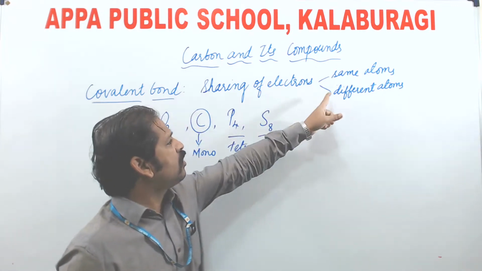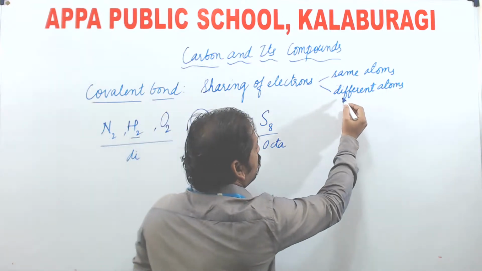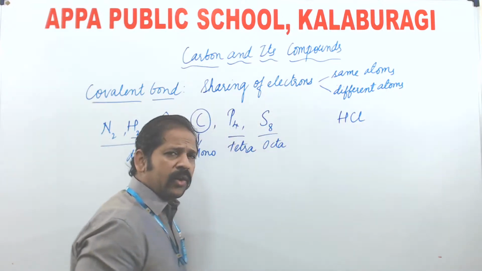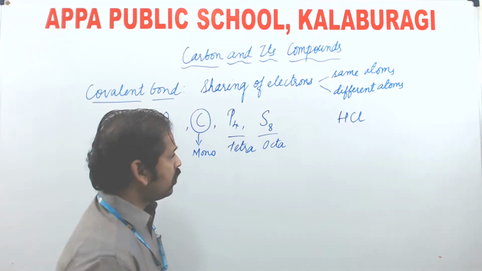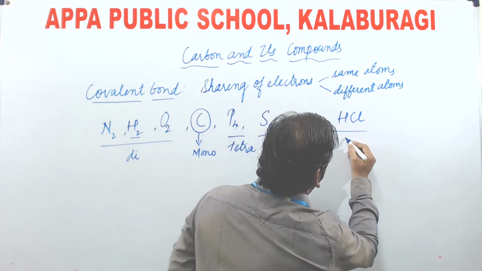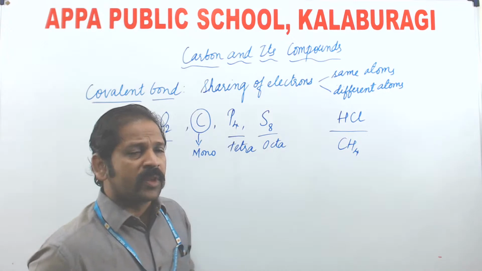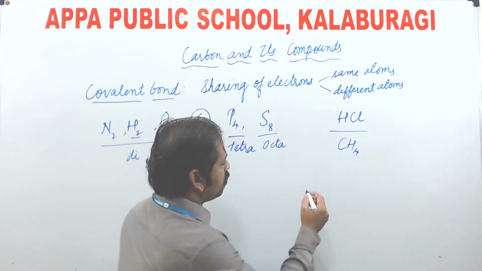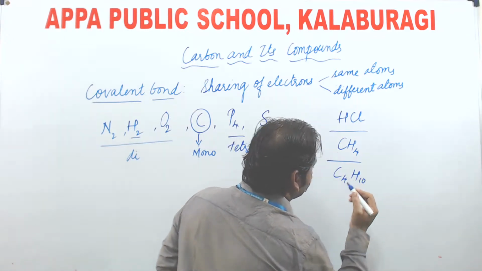Here, sharing of electrons happens between the same atoms and different atoms. For different atoms, HCl, hydrochloric acid, or we use the word hydrogen chloride here. Or CH4, methane.